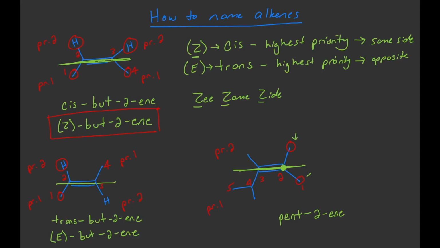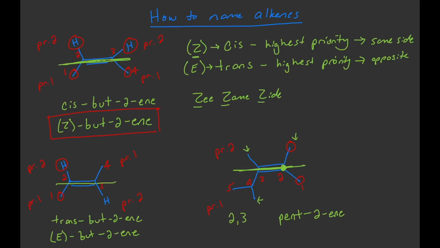And now we have 1, 2, 3, 4 methyl groups that we need to include in our name. So how do we do that? My apologies, we will not count this methyl group because it's part of our chain.